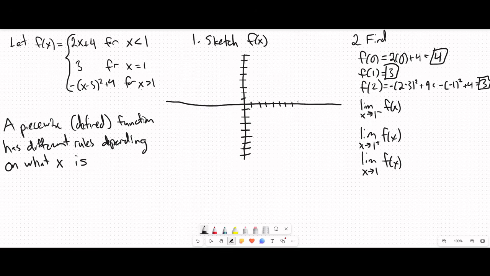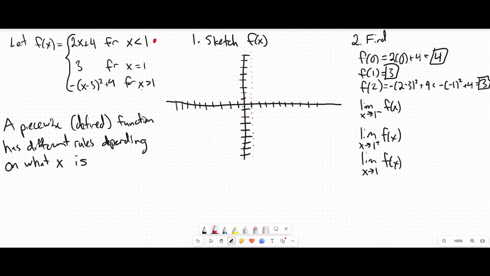Okay, so we're going to draw ourselves a nice graph. And I'm going to draw each of these pieces in different colors. So let's start with red for the first piece. When x is less than 1, I'll draw a little dotted line here to show that this is going to be something different depending on if it's less than, equal to, or greater than 1.